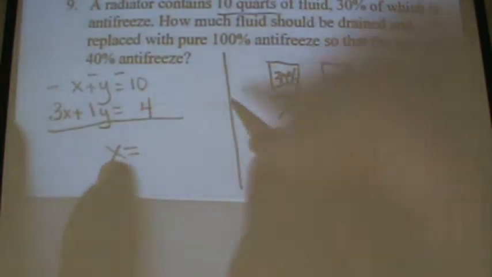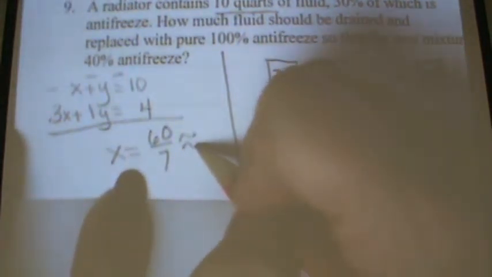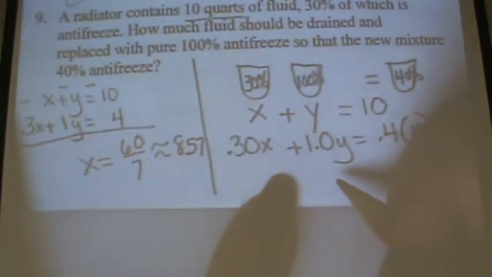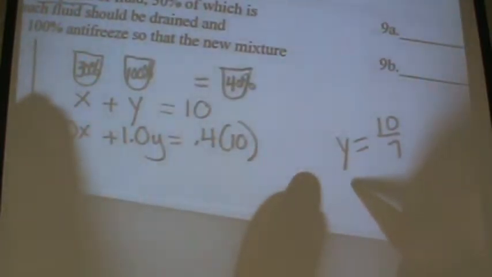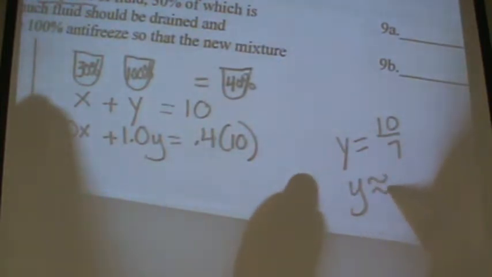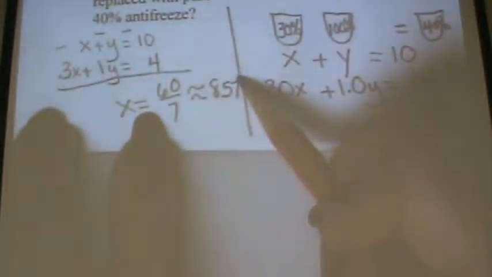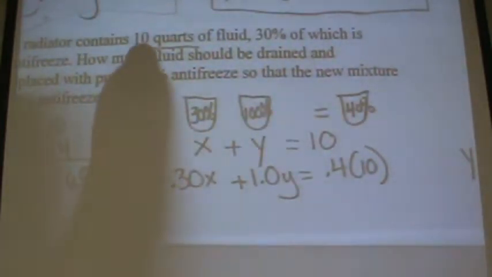x ends up being 60 over 7, which if you converted this to a decimal, it's about 8.57. And the y one ends up being 10/7, which is the 100% one, approximately 1.43. Now, if you added these up, 1.43 plus 8.57, what should you get? 10 quarts.